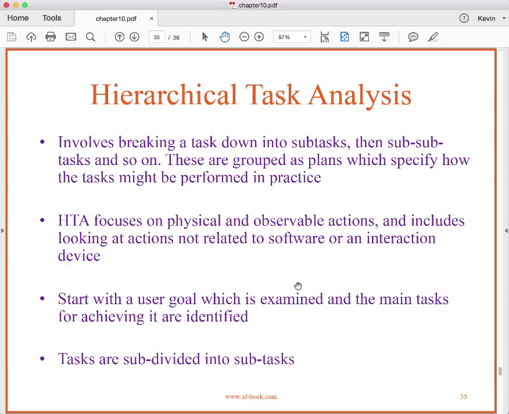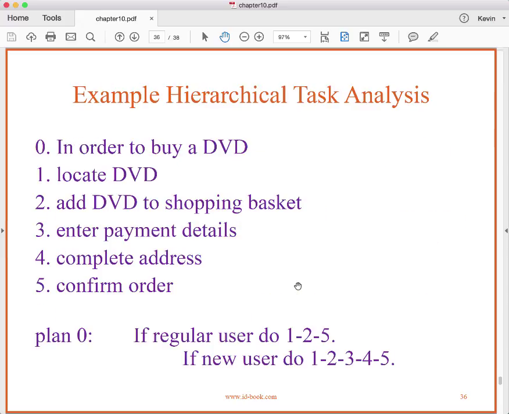You start with the user goal, which is examined, and the main tasks for achieving it are identified, and then we keep breaking down into subtasks and sub-subtasks. So the example from the book that's reproduced here, we want to buy a DVD. I think what's kind of interesting is that when we introduced this example into the text a number of years ago, DVDs were sort of high technology.